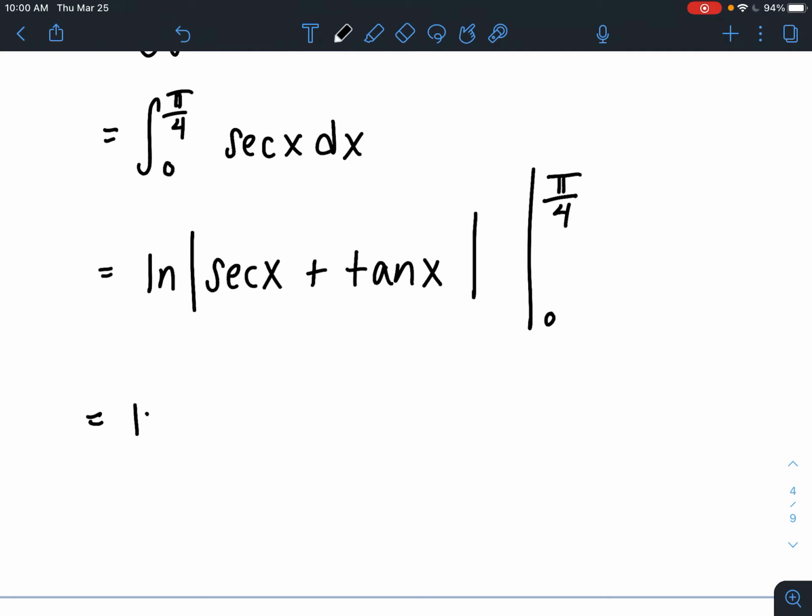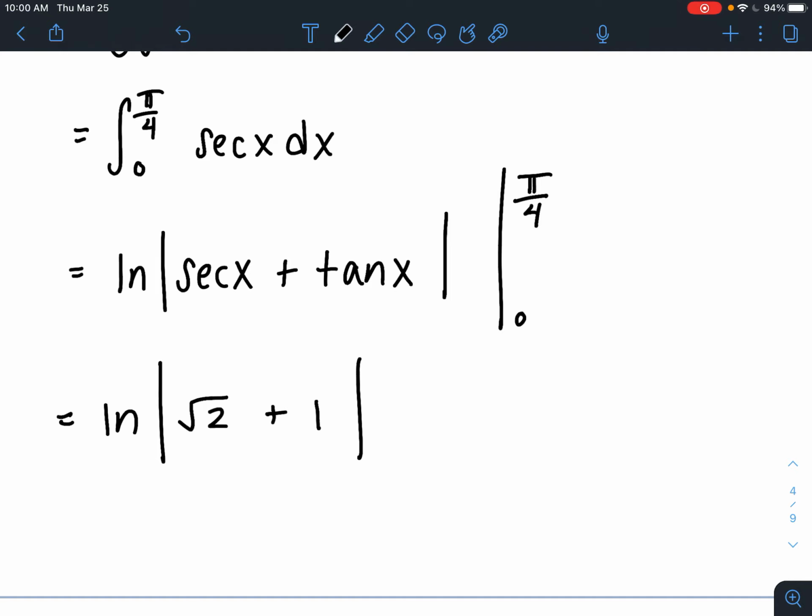So we got natural log. If I plug in pi over 4, the secant of pi over 4 is the square root of 2, plus 1 for tangent of pi over 4, and then minus the natural log of secant of 0, that's really 1 over cosine of 0, which is 1, and then tangent at 0 is 0.